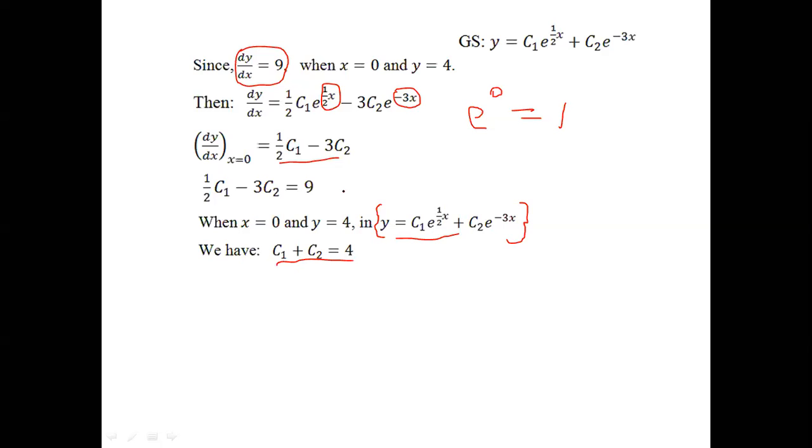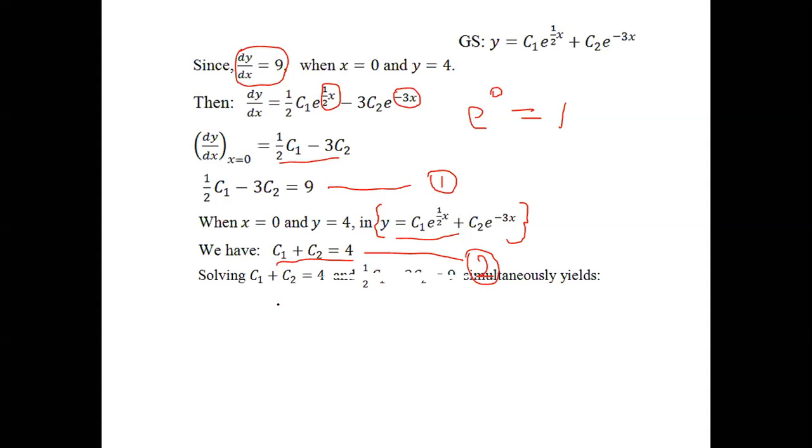So we're going to have two equations. This will be equation 1, and this will be equation number 2. And the two equations have similar unknowns. Both have c1 and c2 as unknowns. So how do we solve the two? We solve the two equations simultaneously.